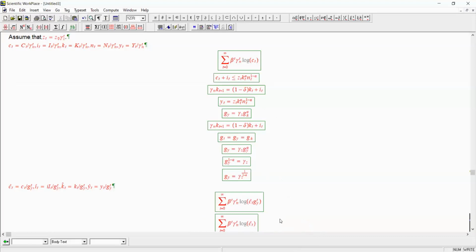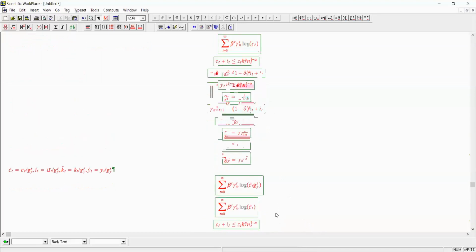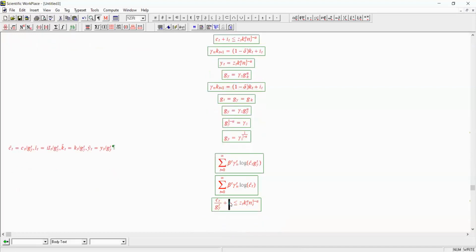Next, what do we do with this constraint? If we want to put this in these terms, we need to divide through by this number. And we'll just have C hat, I hat.